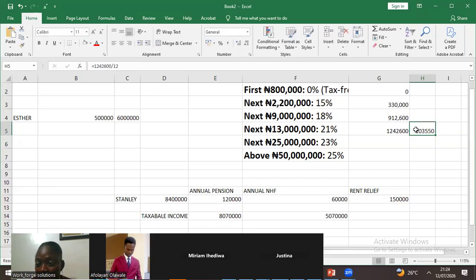So this is the amount I'll pay monthly for the tax. This is the yearly tax, so divided by 12, you get the amount that the employee will pay monthly. Is that clearer now?